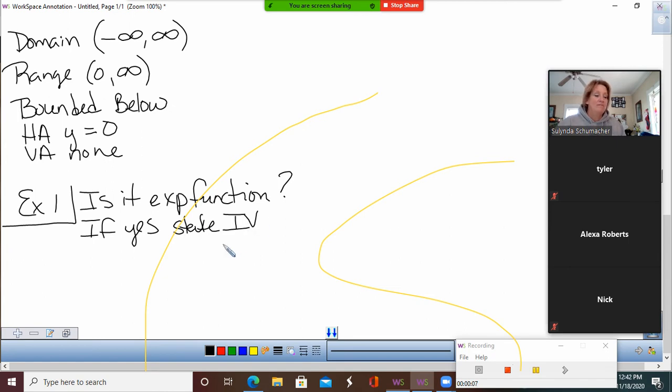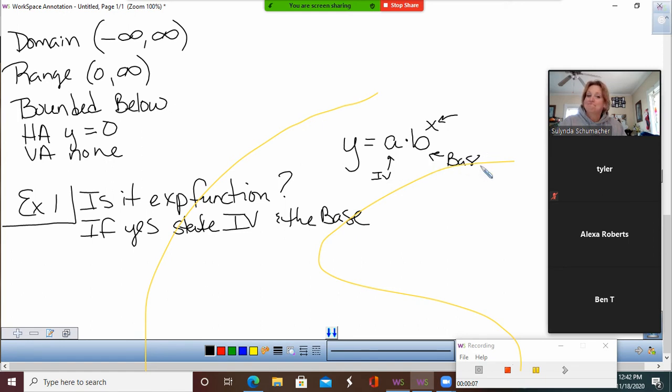I'm going to shortcut that as IV, and the base. So again, remember that if I have y equals a times b to the x, the x has to be in the exponent. This is the initial value. This, of course, is the base. All right?